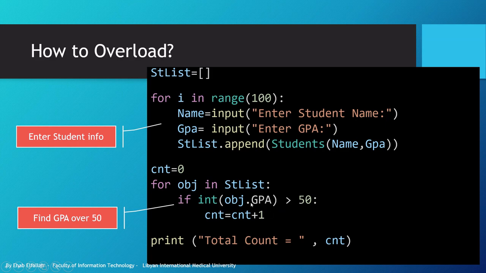If the object's GPA is over 50, we increase the count by 1, and after the loop finishes, we just print the total count that we want. So in these steps we iterate over the list of 100 students and see how many have a GPA over 50. Let's try this.